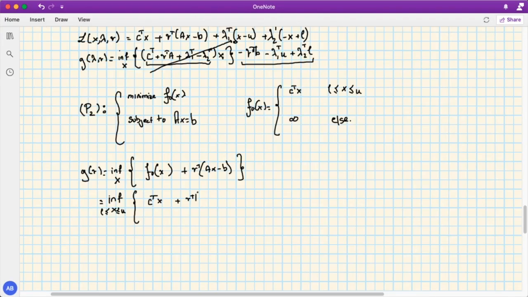And the rest remains the same, Ax minus b, which could be written as, if I isolate terms that do not depend on x, minus nu transpose b, plus the infimum over x lying in the box of the term (c plus A transpose nu) transpose multiplied by x. Okay?